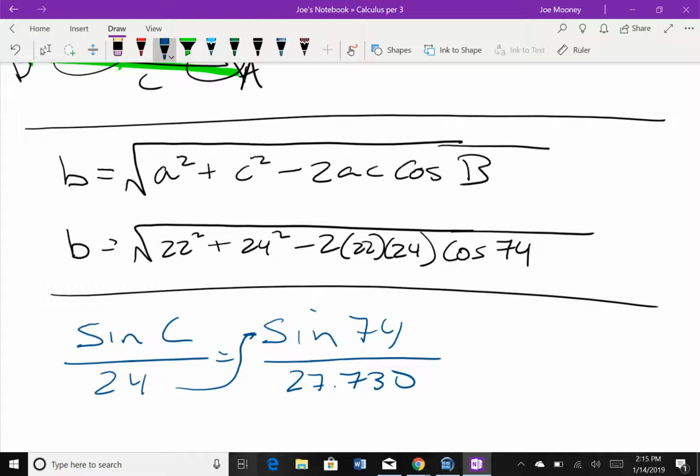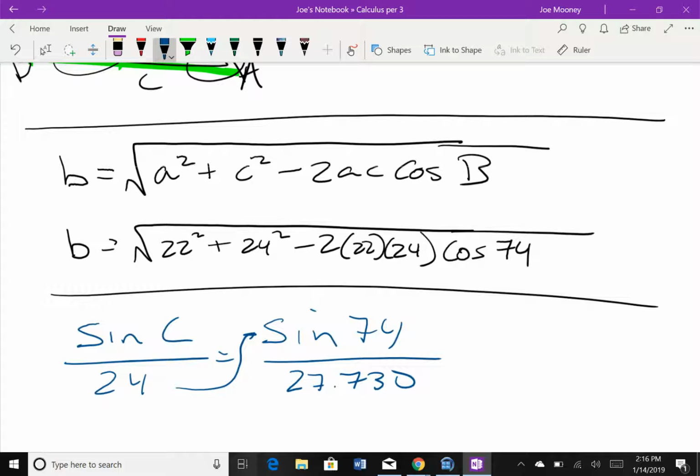I'm multiplying the sine of 74 over my answer. The reason I use my answer and not the 27.730 is because I don't want it rounding too soon. Right? So I did that, and that spit out the answer of 0.832. But then, once again, I do inverse sine of my answer, and that spits out that.